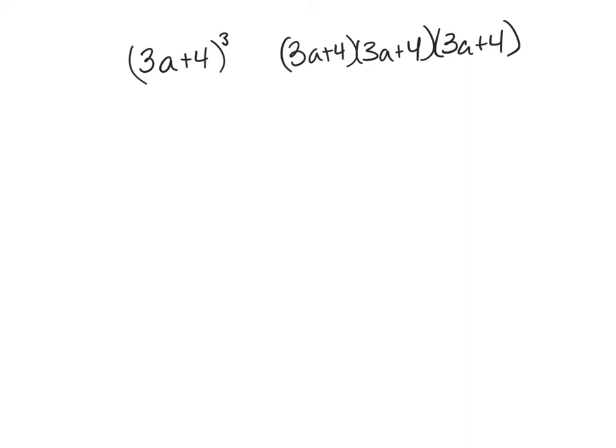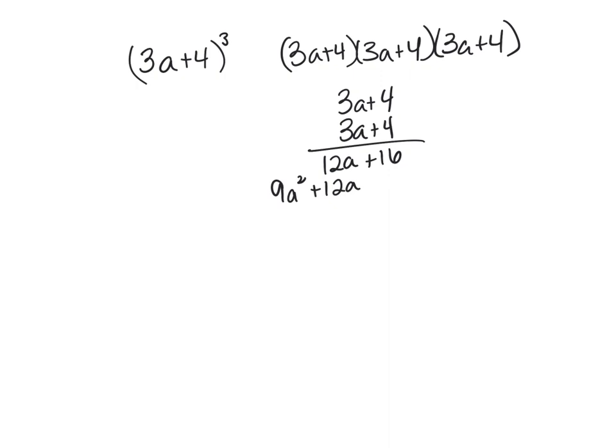Okay, so we'll multiply the first two. 3a plus 4 times 3a plus 4: 4 times 4 is 16. 4 times 3a is 12a. 3a times 4 is 12a. And 3a times 3a is 9a squared. Okay, now we'll add it up.